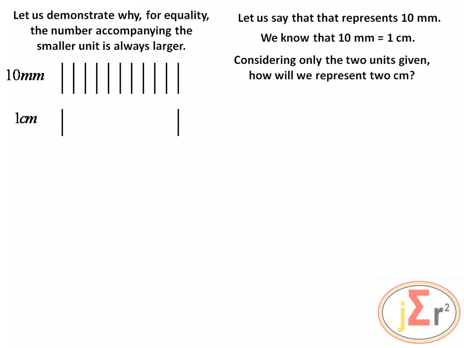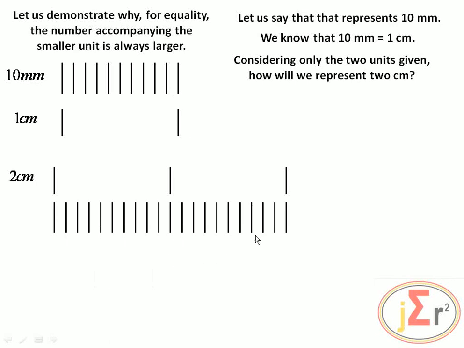Considering only the two units given, how will we represent 2 centimeters? There we have 2 centimeters. If we are representing 2 centimeters using only the 2 units, 2 centimeters will be 2 of these. So there we have them.